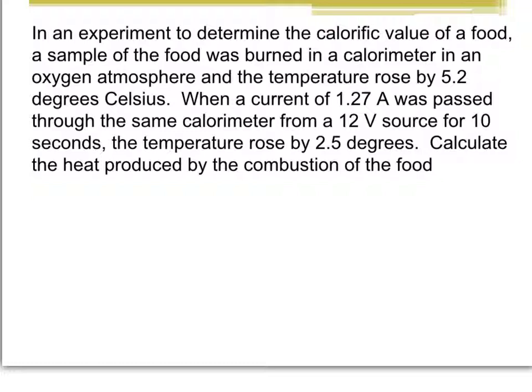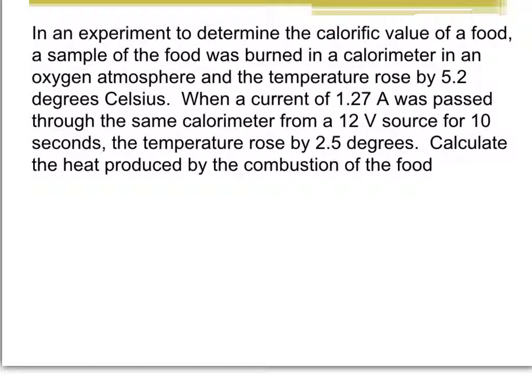So anytime we see a problem that we can identify as a calorimeter problem, we have to identify the temperatures that are associated with calibration of the calorimeter and differentiate that temperature change from the temperature change that is associated with the actual reaction.